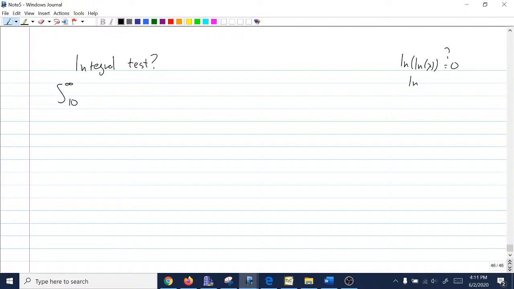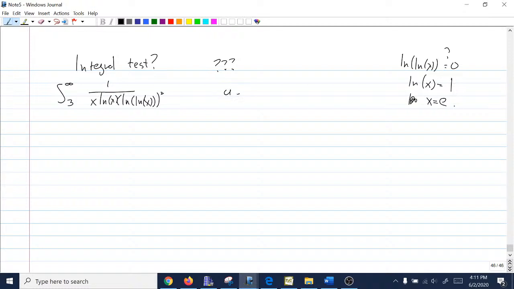When log of x equals 1, that's when x equals e. So as long as we start after e, the denominator will never equal 0. Okay, so 3 is fine. The integral from 3 to infinity of 1 over x log x squared. Do I have any chance at integrating this thing?